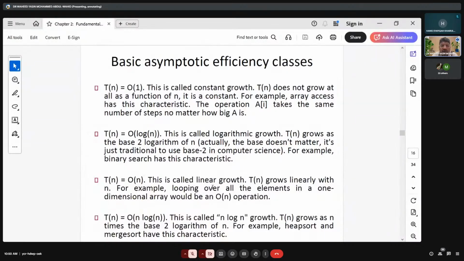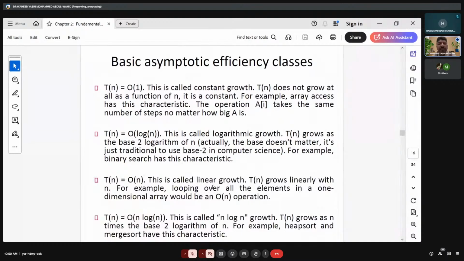T(n) equals O(log n) is called logarithmic growth. T(n) grows as the base 2 logarithm of n. Actually, the base doesn't matter. It's just traditional to use base 2 in computer science. For example, binary search has this characteristic.